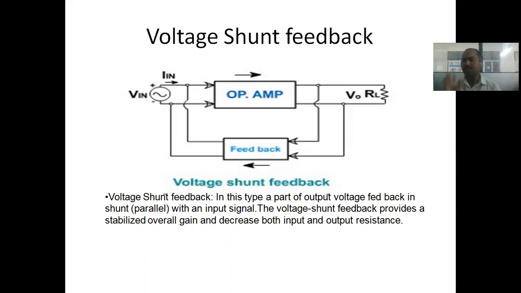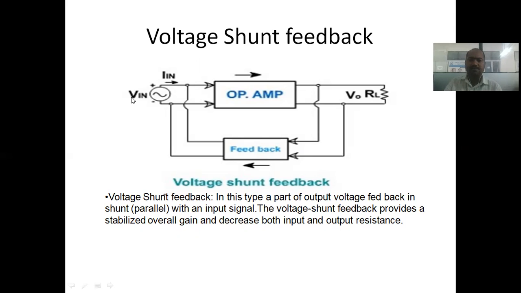So voltage shunt indicates that whatever the output, it is nothing but a voltage. So voltage is always taken in a shunt or in parallel, right? So it should be taken in parallel and again it should be added with respect to your input in parallel or shunt, right? So in case of voltage shunt feedback, whatever the output voltage is coming, that should be added with respect to your input in parallel.